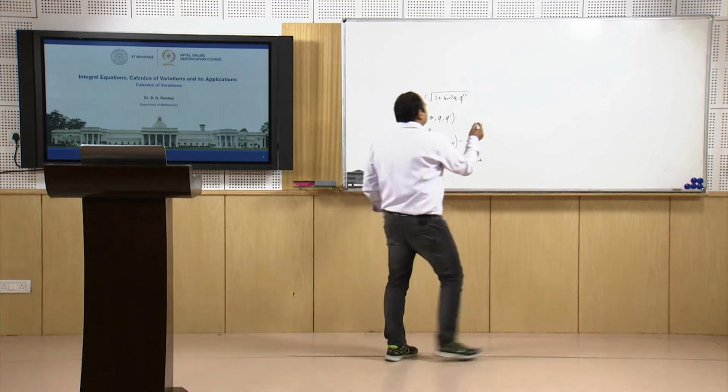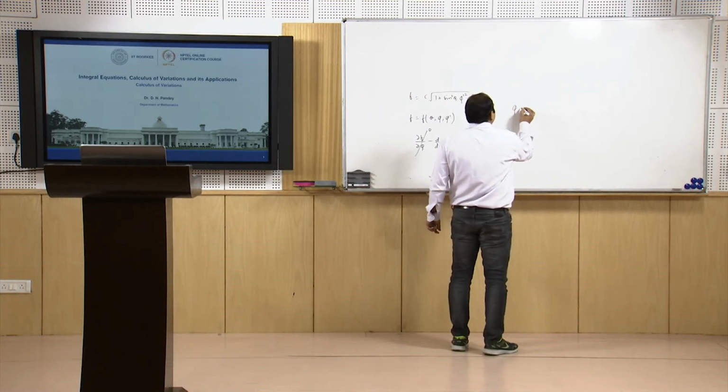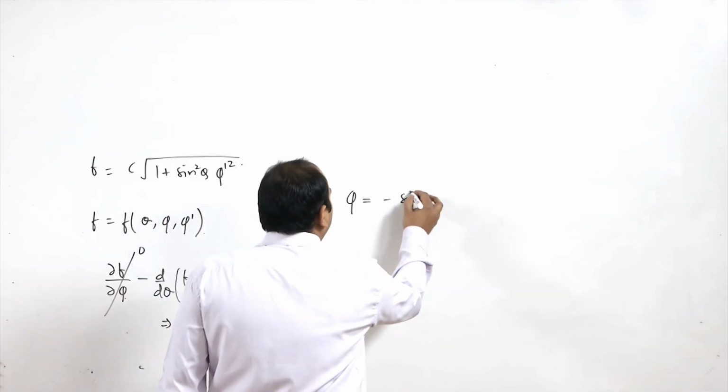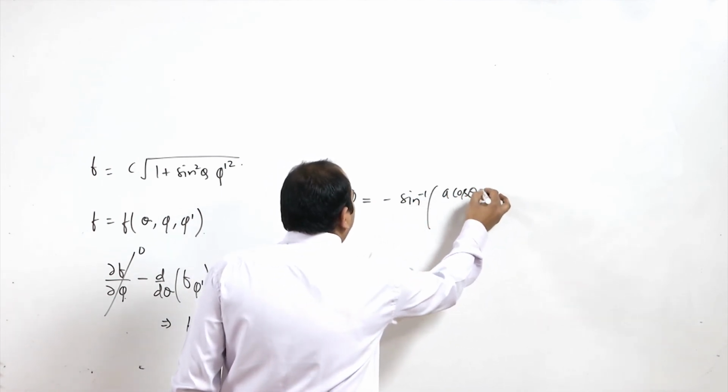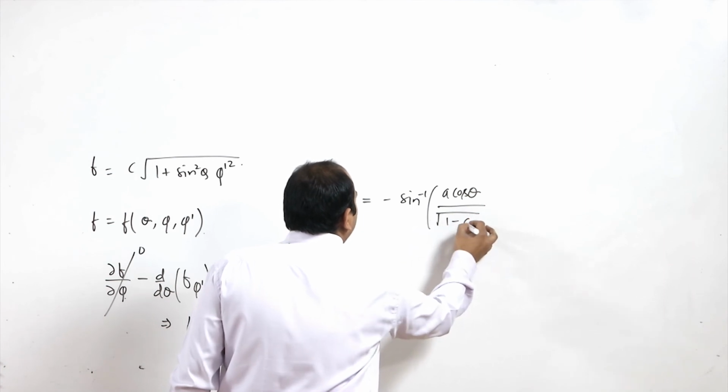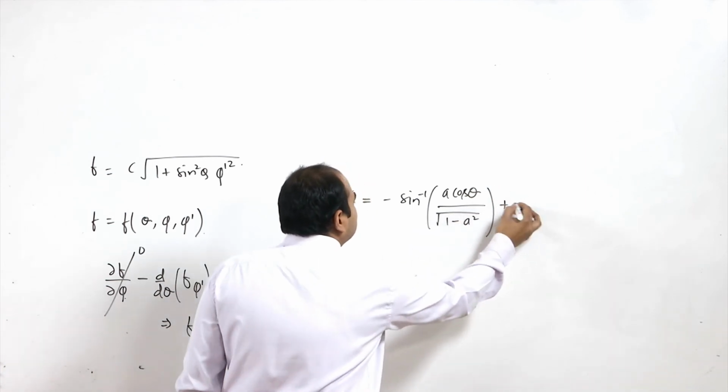So let me write it here: phi is equal to minus sin inverse of a cot theta upon under root 1 minus a square, and here we have a dash.